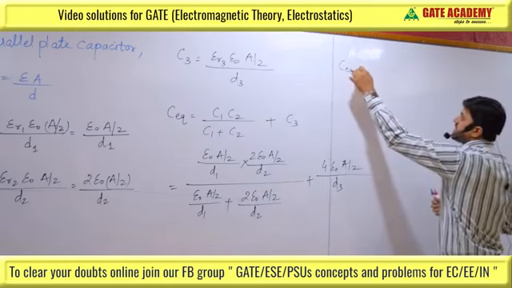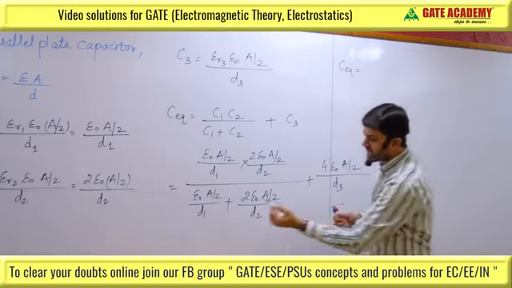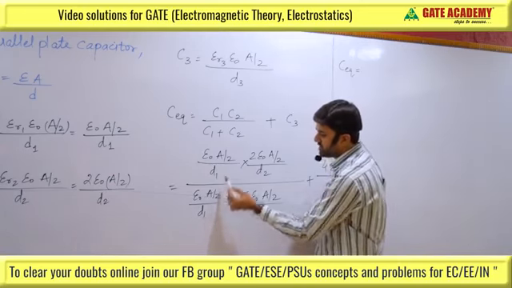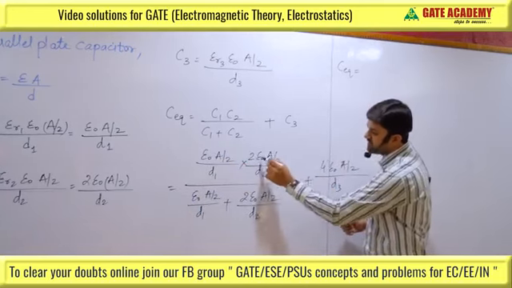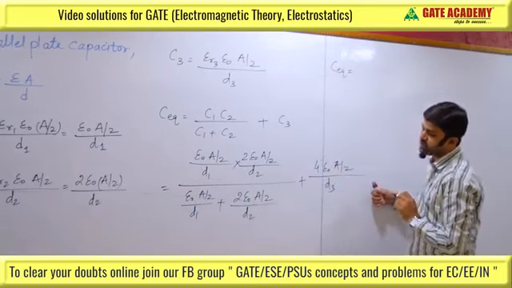So this is C equivalent. If I take epsilon naught A by 2 common, it will cancel with this epsilon naught A by 2 and we will be left with 1 epsilon naught A by 2.